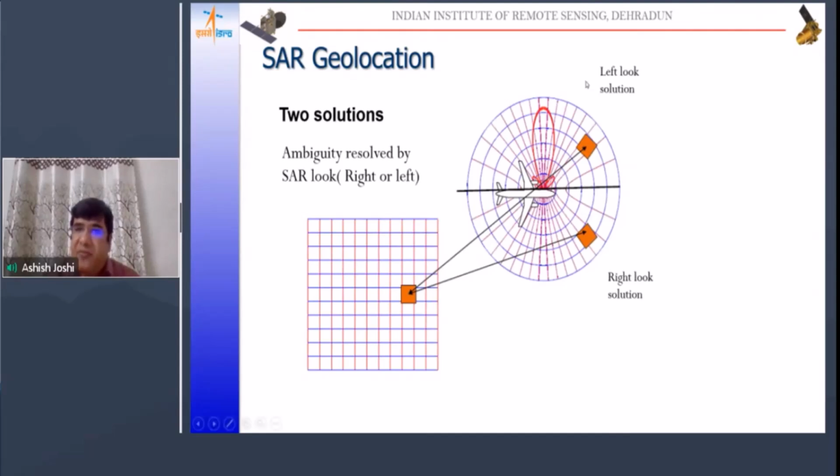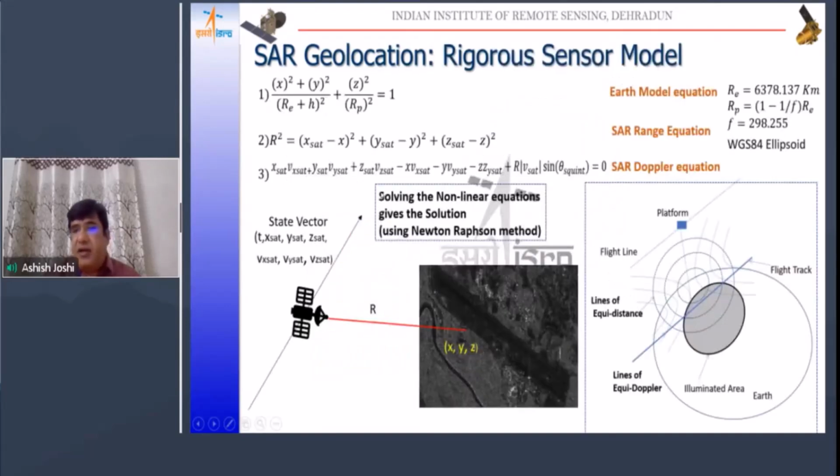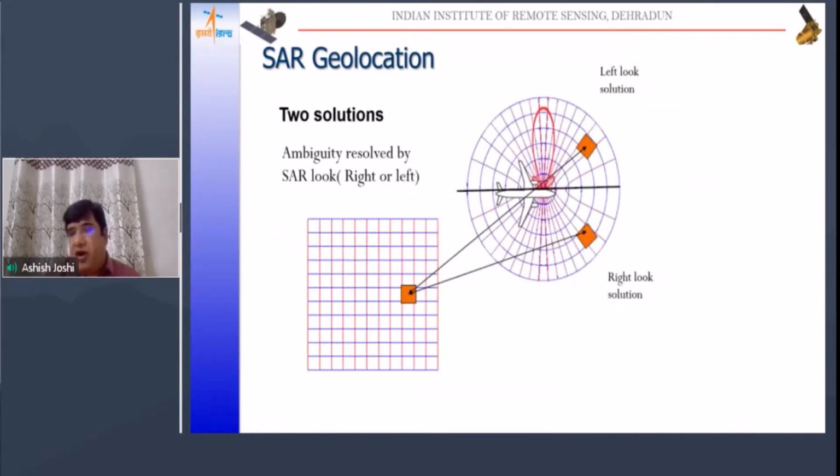So that information is used to decide which is the correct solution, because after solving this equation we have two solutions. Accordingly we will choose the solution, depending on whether it is a left-looking or right-looking SAR sensor.